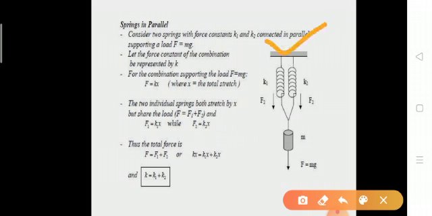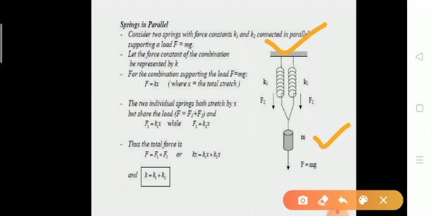You can see this image. There are two springs, spring k1 and spring k2. They are the stiffnesses of spring 1 and spring 2, and you can see one mass is attached to both the springs. So here, if you apply a force F equal to mg, then the deflection of both the springs will be the same.